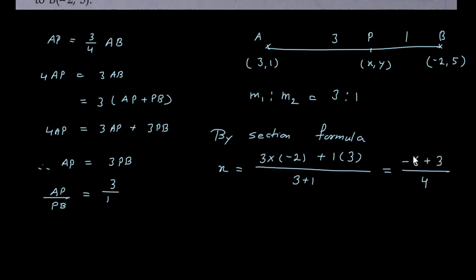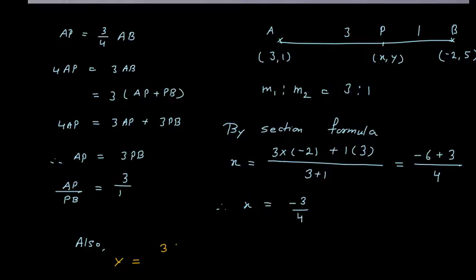And similarly you will find the value of y. So I will say that y is equal to 3 into 5 plus 1 into 1 divided by 3 plus 1.